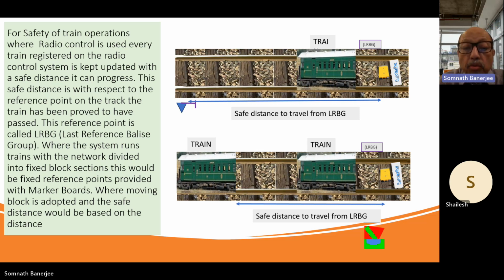As we said, we can also use another train, that is the moving block, then it would be allowed to move based on the distance of the previous train from the LRBG. This way it will always ensure that no two trains will occupy the same distance. Now, as I mentioned, the last reference balise group is the reference for the control of the train.